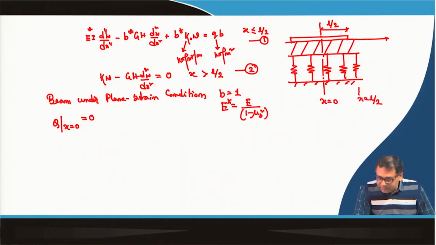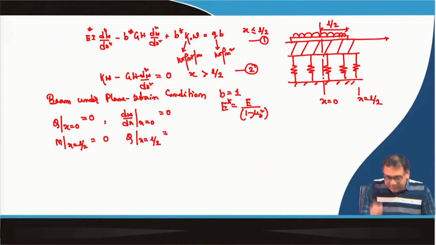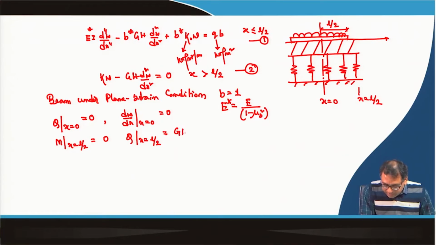The shear force is 0 because we are applying the UDL and it is a free end beam, and dW dx at x equal to 0 is also 0. Then the moment at x equal to L by 2 is equal to 0, and the shear force at x equal to L by 2, but here is the difference. It is not 0 for the 2 parameter model.